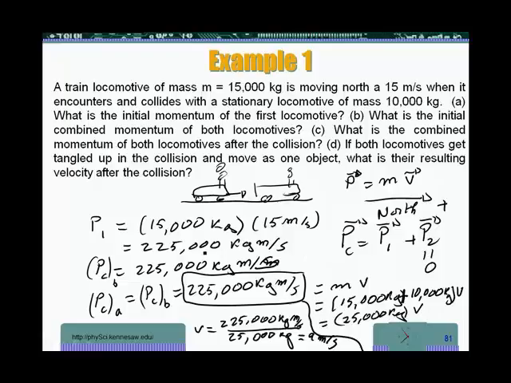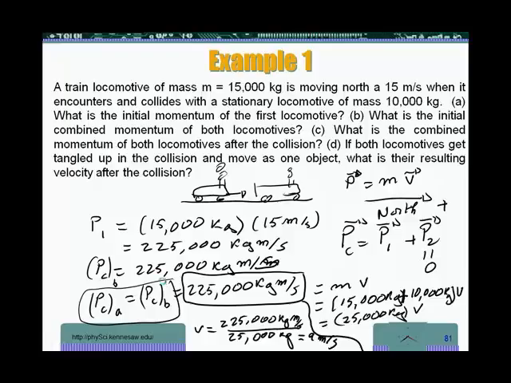So the overall momentum is just equal to the momentum of the first one. After the collision, they are going to move as one. So we combine their masses. The sum of the masses times the velocity is my new momentum. The key point is the momentum before the collision is equal to the momentum after the collision.